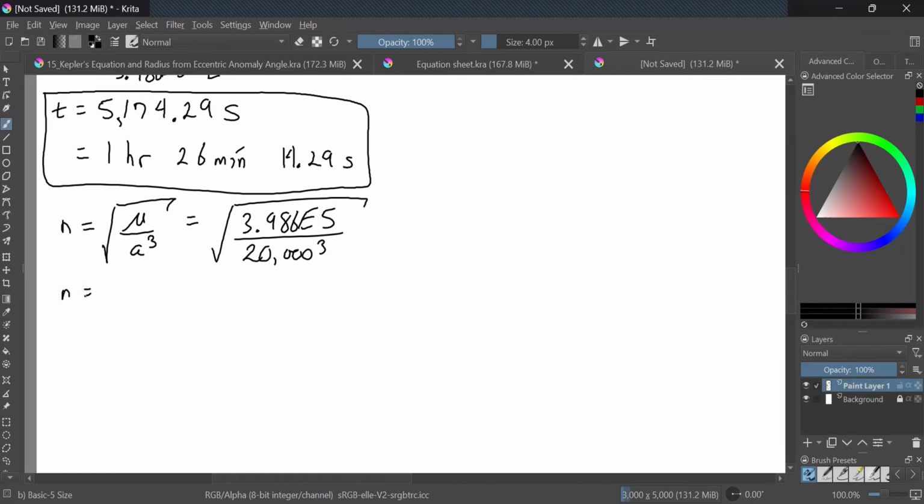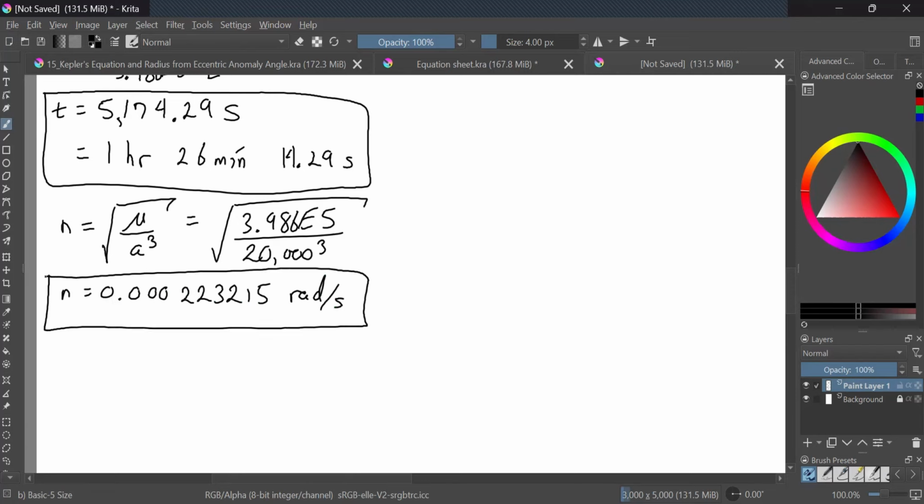Which then becomes a very fun number of 0.000223215 radians per second. And I will include that many digits just because it is such a small number.